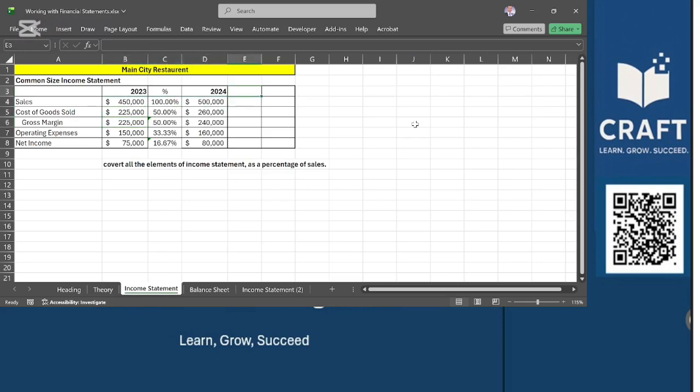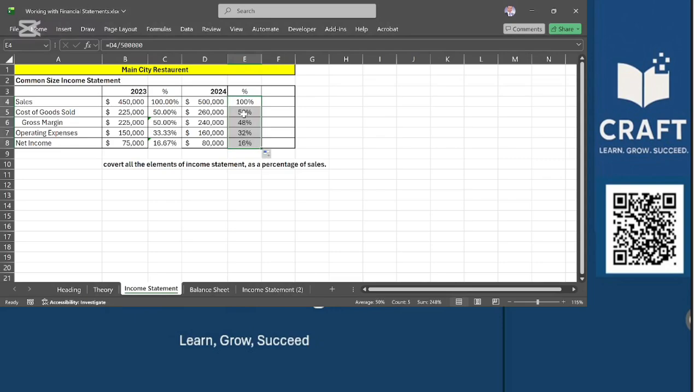When we look at 2024, let us do the calculation again. The sale is 500,000, so we convert everything as a percentage of sales, that is, divided by 500,000, and when we convert it into a percentage, we can find that sale always is 100%.